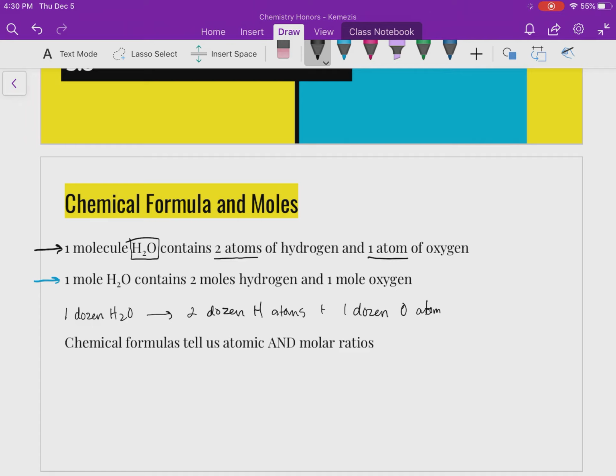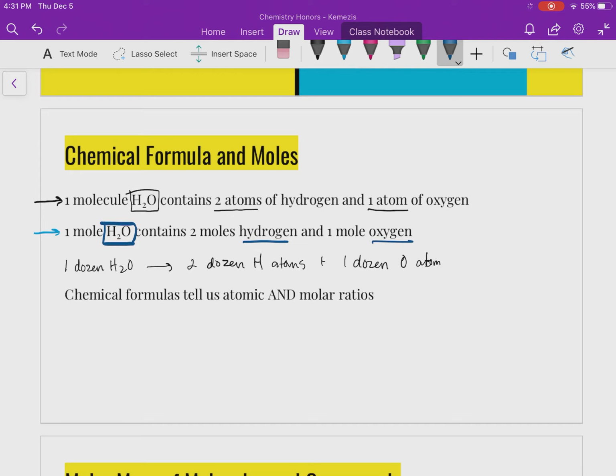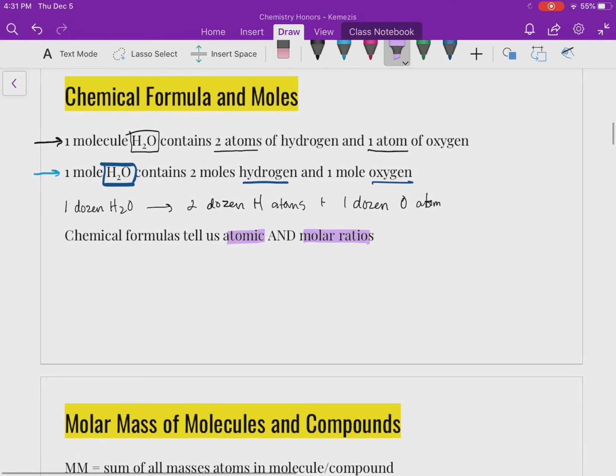Here is our big constructed, finished substance, and these are the pieces that make it up. So our chemical formula not only tells us our atomic ratio, but more importantly, it tells us our molar ratio. We'll come back to that in a second.